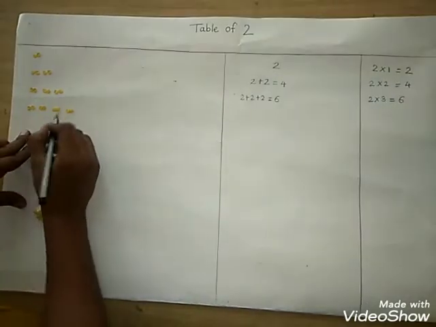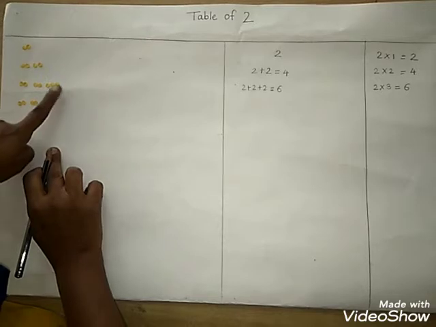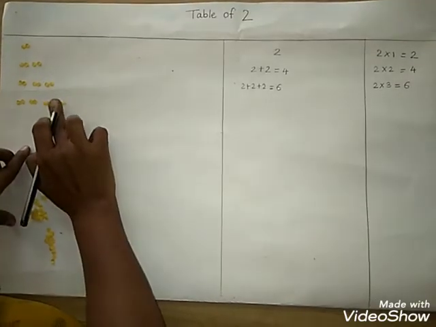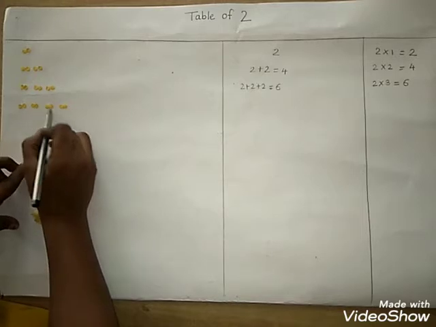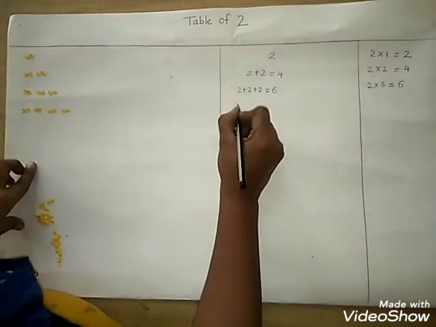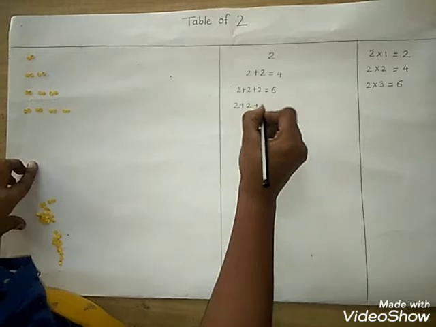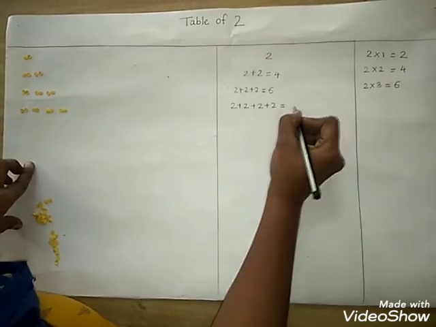Now next, one more group I added. Only 3 were there, so I took one more group of 2. How many groups become? 1, 2, 3, 4. 4 groups of 2.